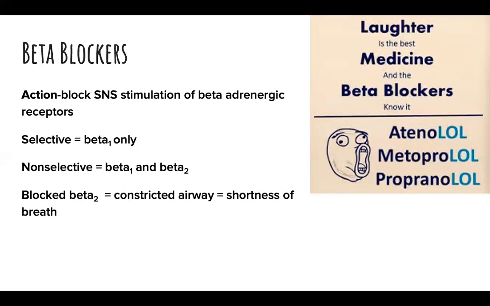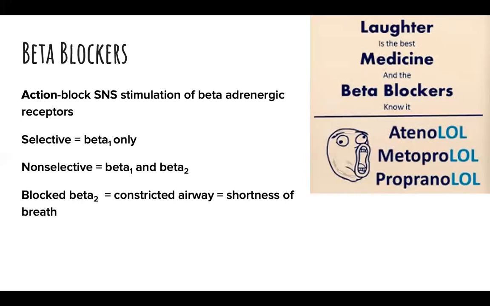What condition do you think this would be the most concerning with? So what respiratory condition? You said asthma and COPD, you are absolutely correct. So if somebody is taking a non-selective beta blocker and they have COPD and asthma, we're very concerned.